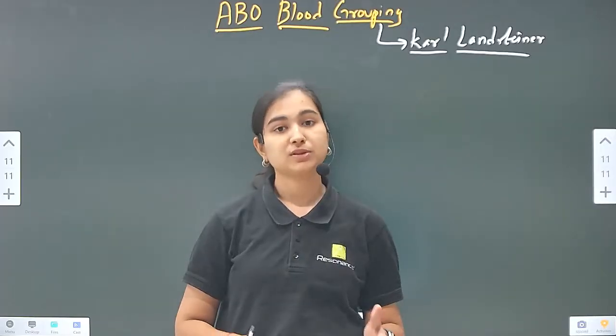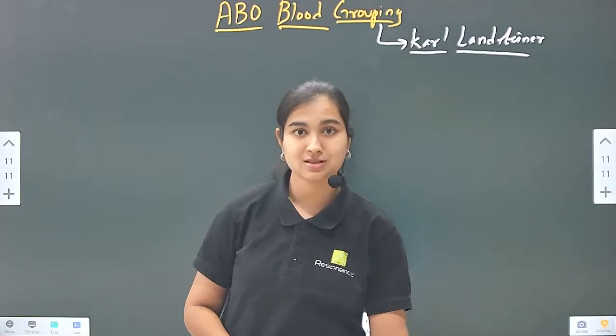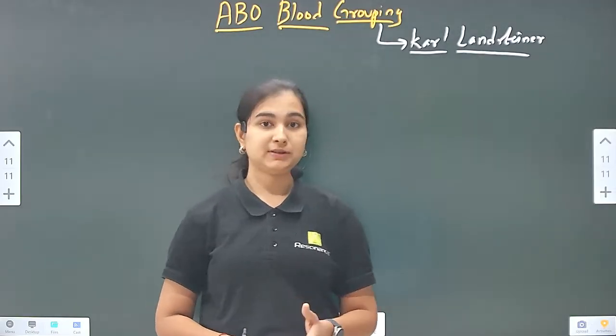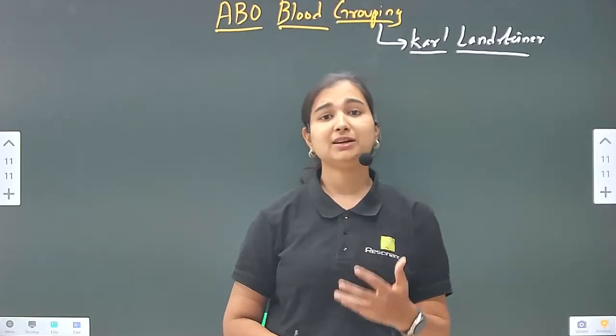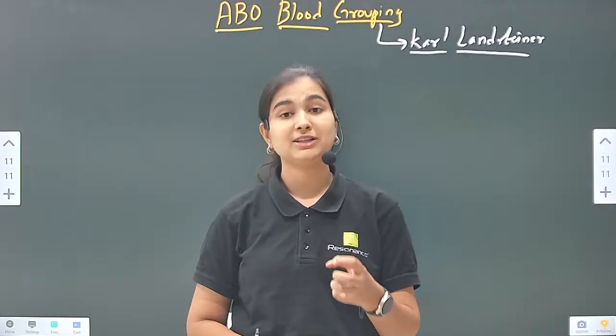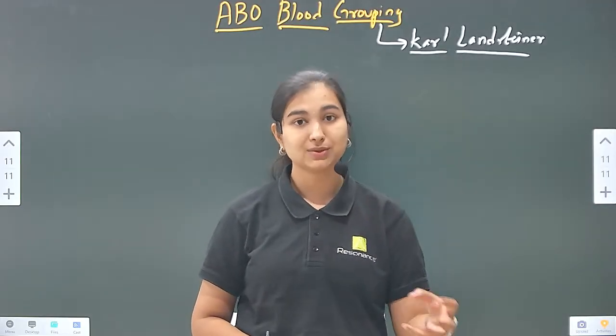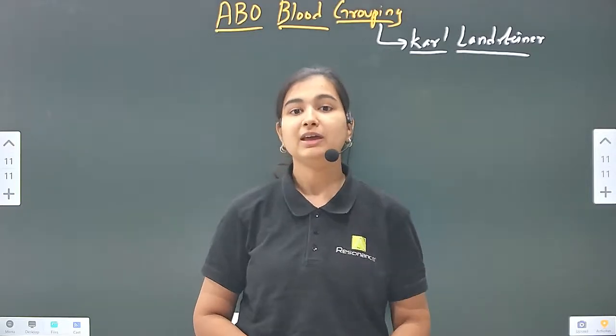Without checking any blood group, the blood was randomly transfused into the patient's body. Slowly they started observing clumping in the blood. Whatever blood was transfused slowly started clumping in the body, and soon what happened?